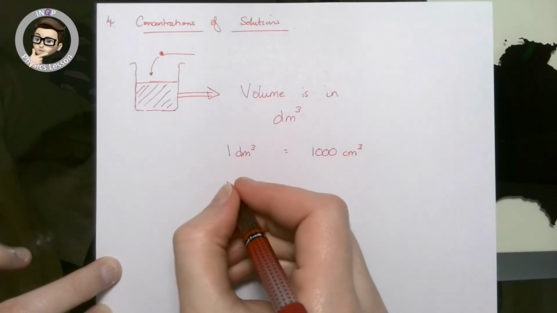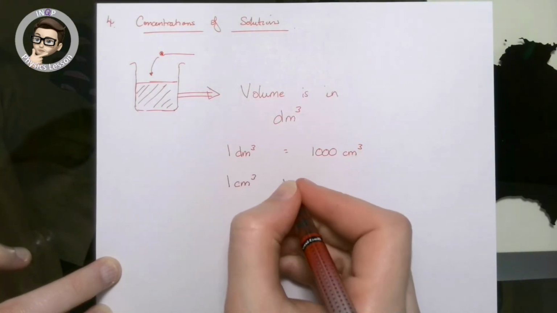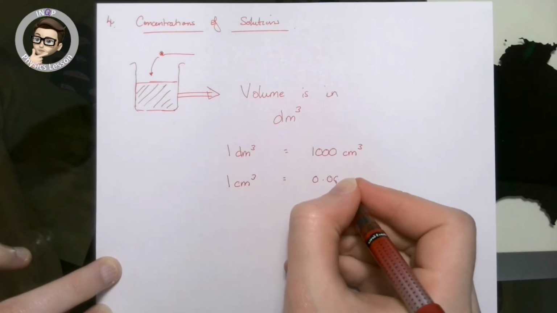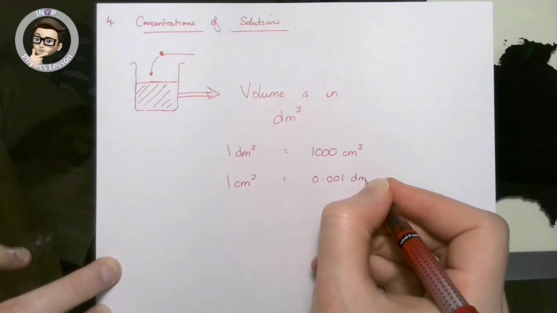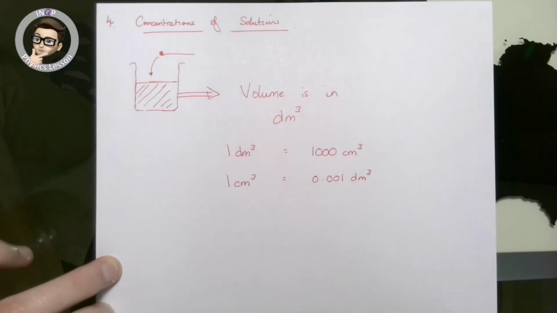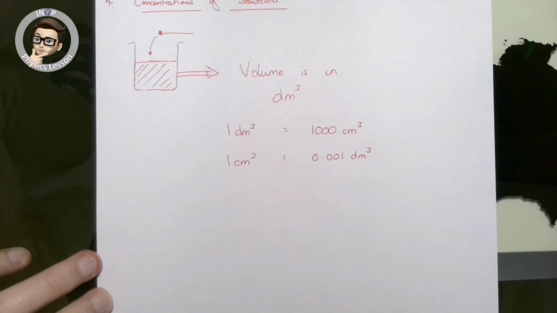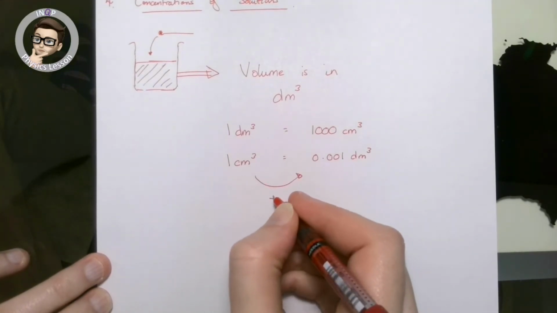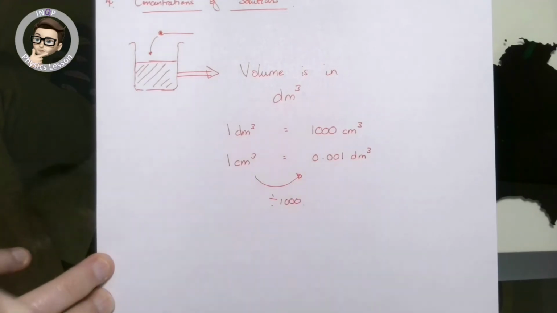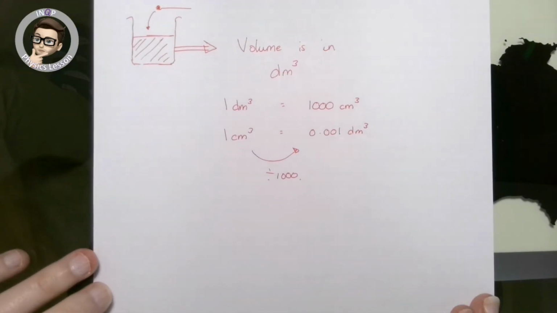Or we go the other way, 1 centimeter cubed is equal to 0.001 decimeter cubed. So we've got to make things smaller if we're in centimeters cubed. And in fact, to get from that one to that one, we are dividing by 1,000.